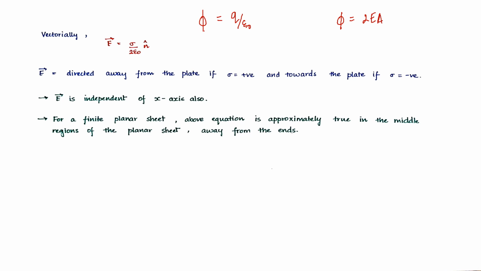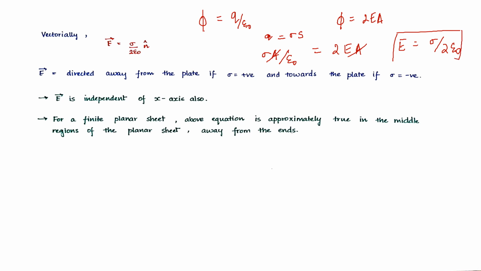Now we will compare these two. Q will be our sigma into area, divided by epsilon naught, equals 2EA. Here A will cancel out and E will be sigma by 2 epsilon naught.